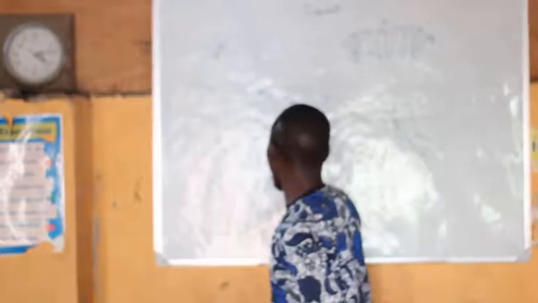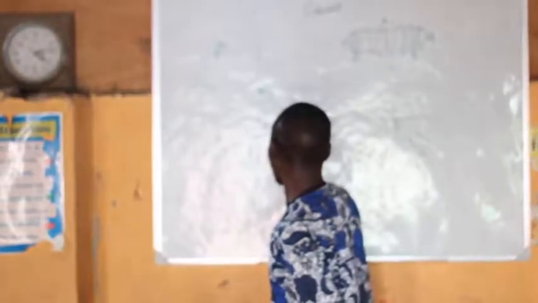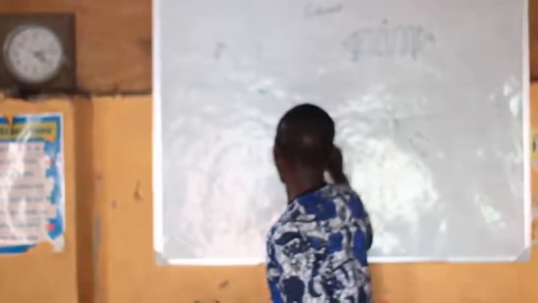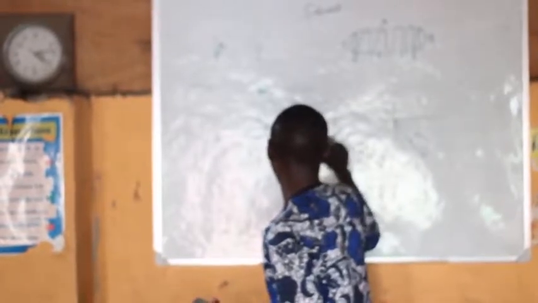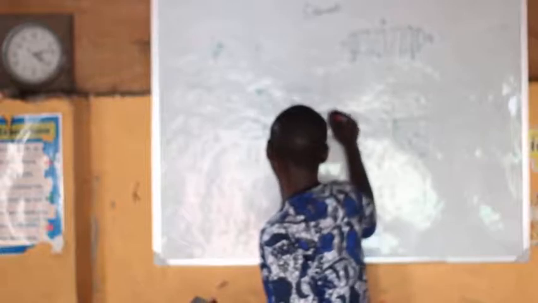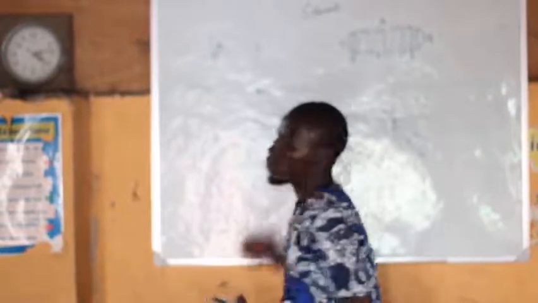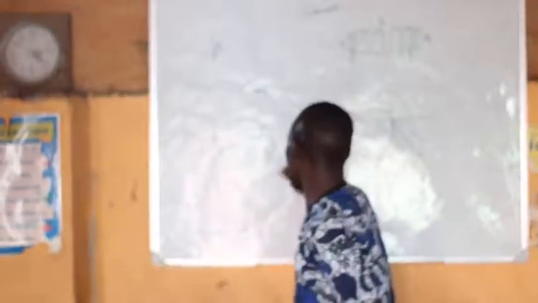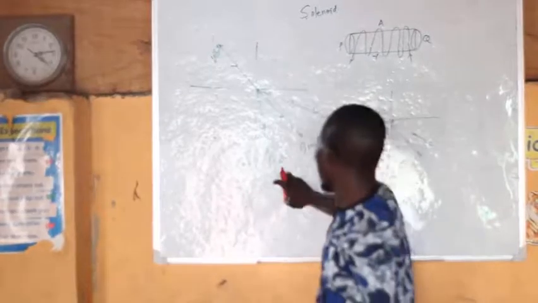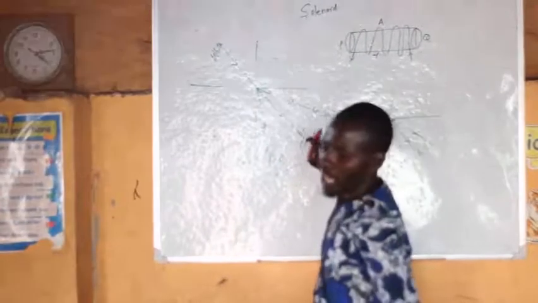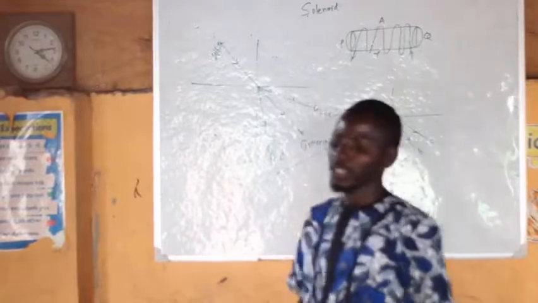So in this aspect, your A will be red, your B will be orange, while your C will be what? Yellow. So the way they disperse from the red to the denser medium is from red to orange and to the last one, which is yellow.